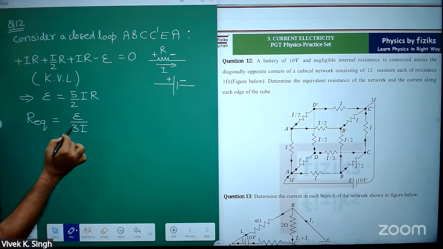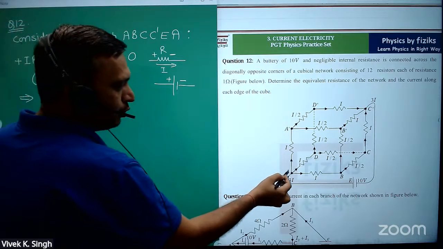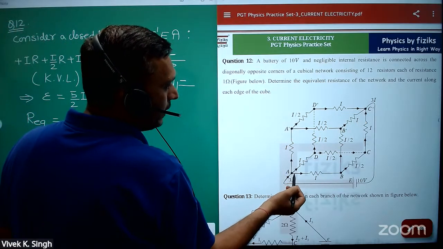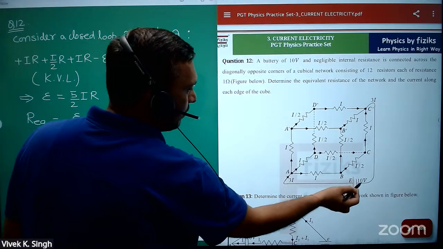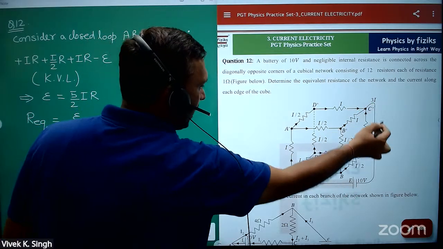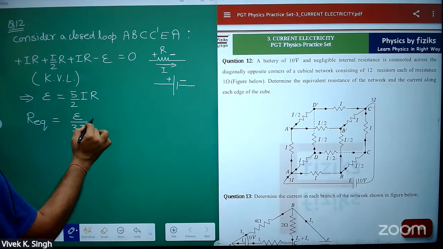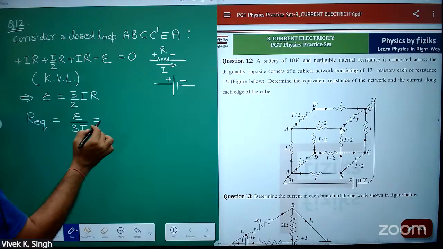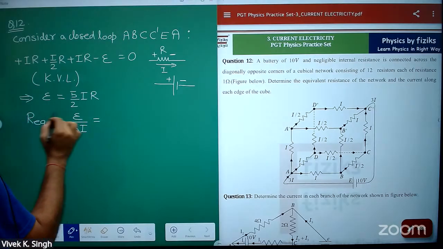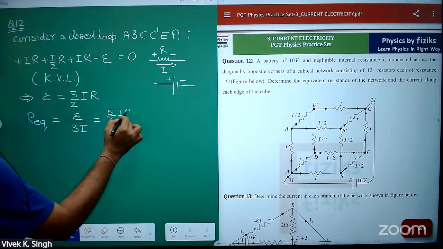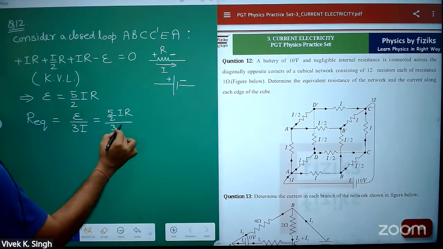Here you have to write 3I, because if you assume the equivalent will be R equivalent and EMF is E, so that is E by this current. So what will be E by 3I? This value is 5 by 2 IR, and this is 3I.